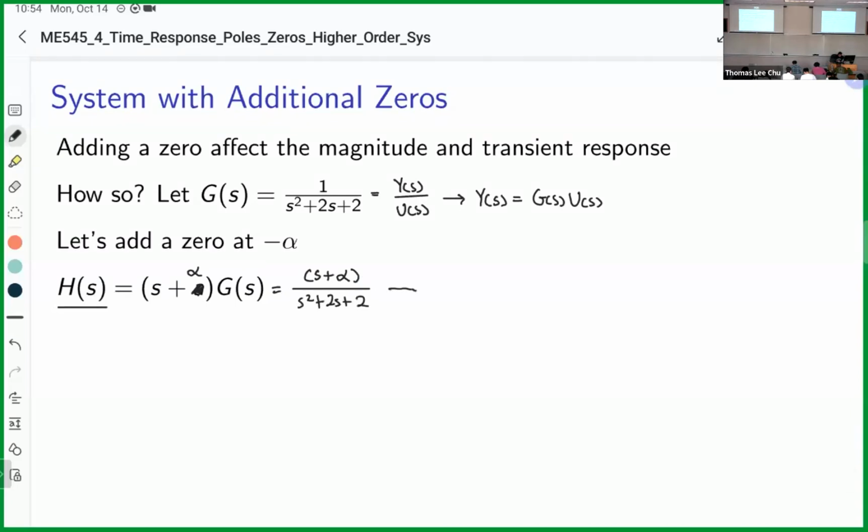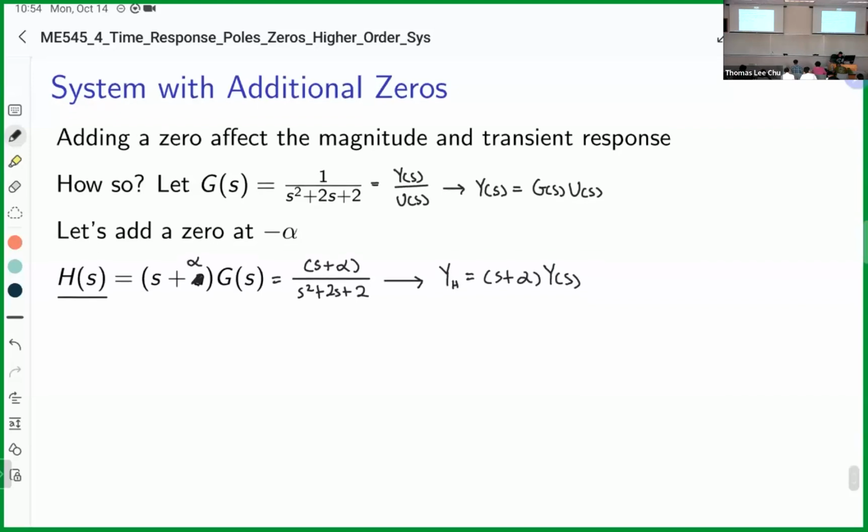So then the output response for H of S, maybe I'll say Y of H here, is equal to S plus alpha multiplied by Y of S. We good so far? Just a little substitution trick. All right.